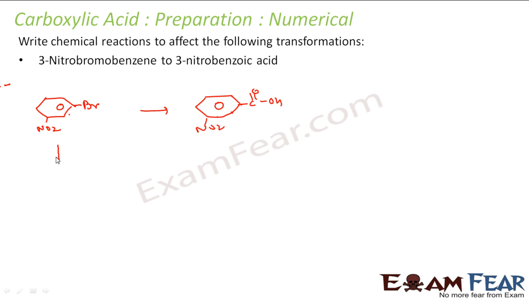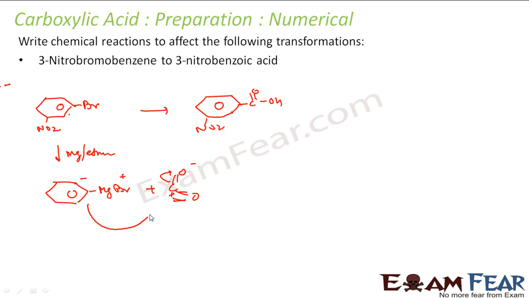Or I can react this with magnesium in the presence of ether. This will become a Grignard reagent, that is MgBr. Once I have MgBr, I can react with CO2. This reaction we have seen, right? This is minus charge, this is plus charge, and this will attack here. Sorry, there is an NO2 here.